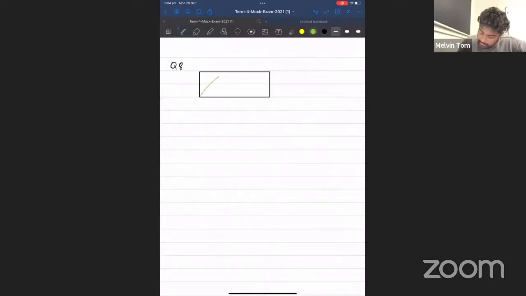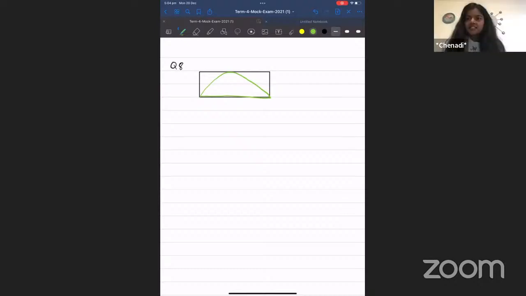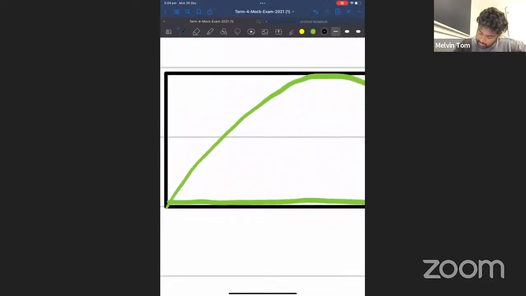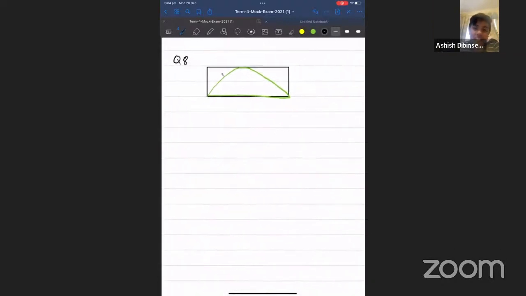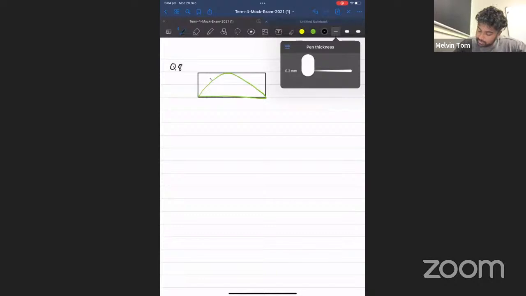It looks like a hill. Draw some trees on it. So we have a semicircle inside this rectangle.